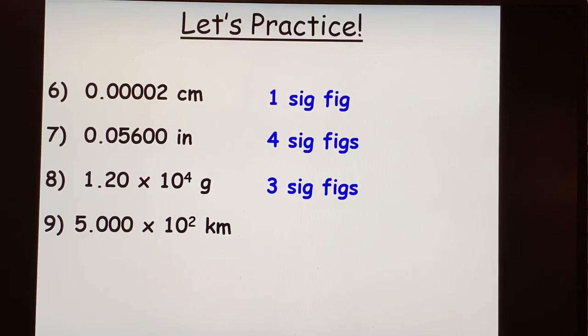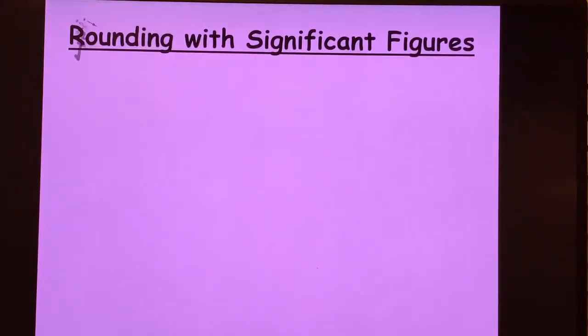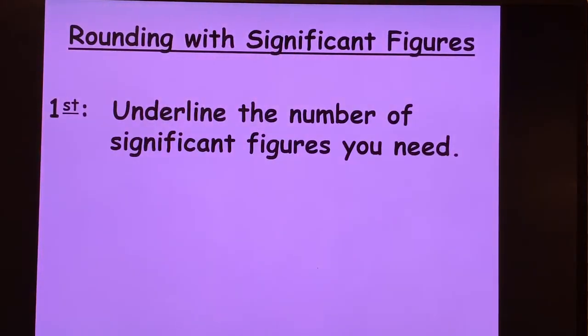Same rules apply, so you should instantly know that there are 4, because those trailing zeros have a decimal in the number, 5 point. So that means 4. So do significant figures show accuracy or precision? This was already in our notes. Precision, correct, okay?